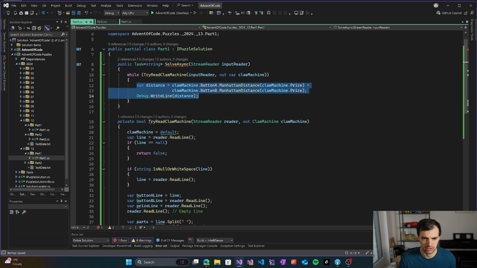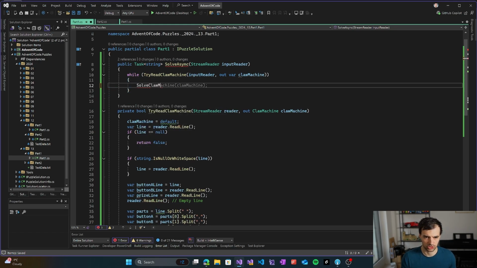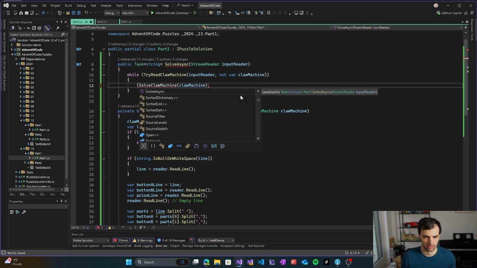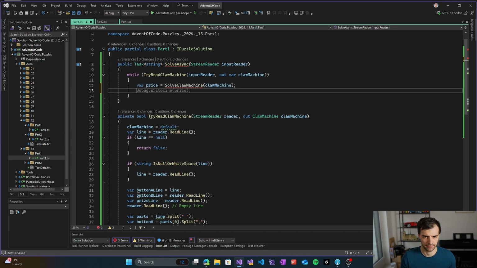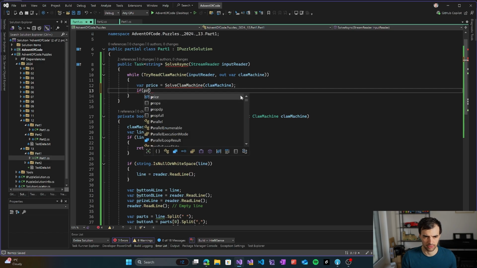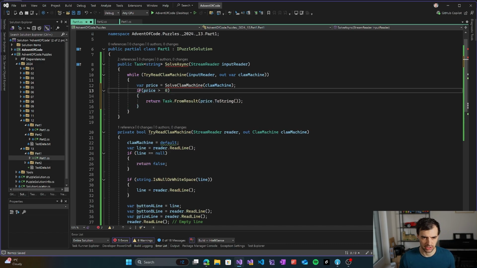So we read the claw machine and we solve the claw machine. Price. And if the price is greater than 0, then we add it to some total.